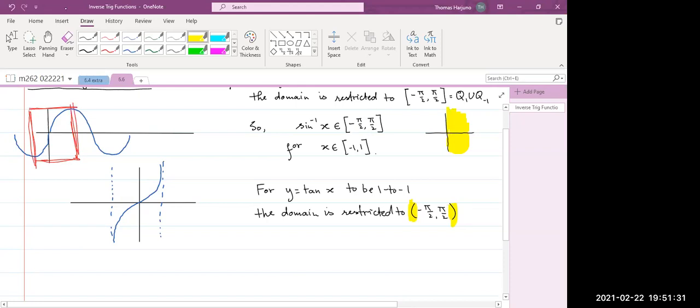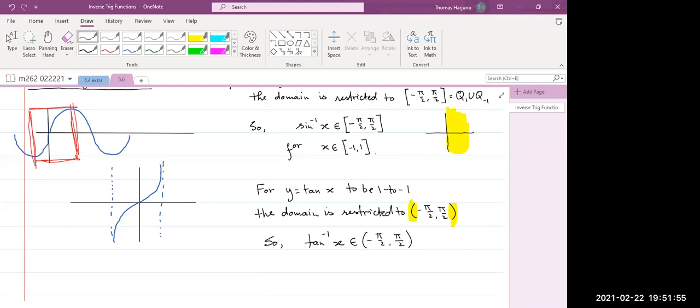Consequently, tangent inverse of x will be from negative pi over 2 to pi over 2.